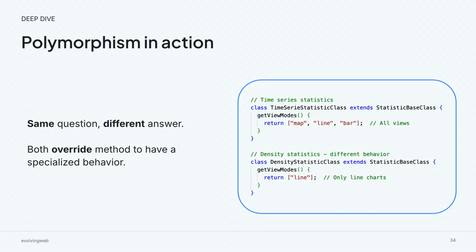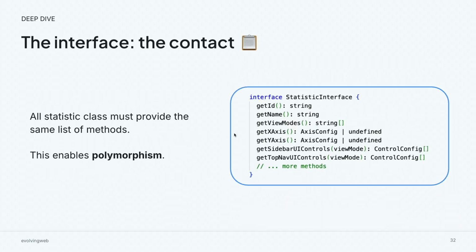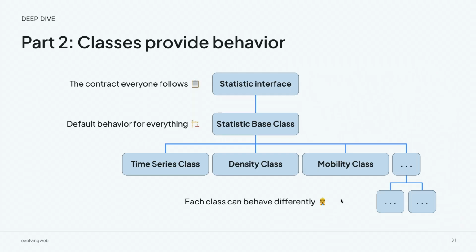Do you have multiple levels, like time series and then a special time series statistics class, or do you have only one? As I showed over there, it can be infinite. It's not restricted to 1 or 2 levels. It can go below.